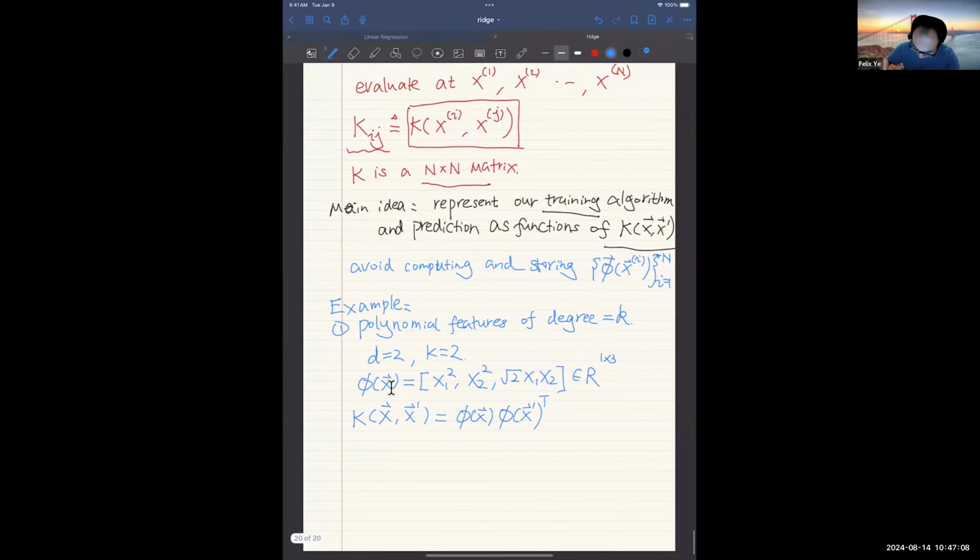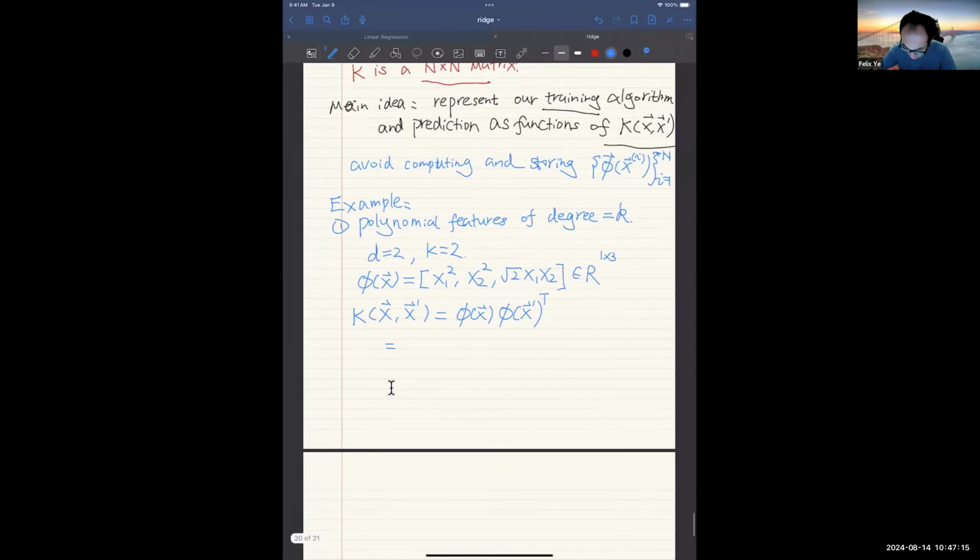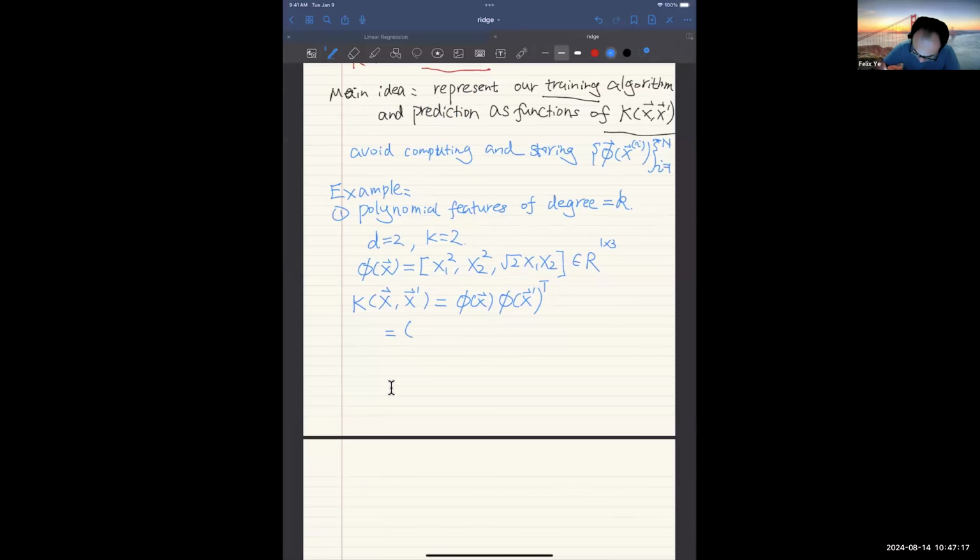We can write it out explicitly. This is equal to x1 squared times x1 prime squared plus x2 squared times x2 prime squared plus, square root 2 times square root 2 is 2, x1 x2 x1 prime x2 prime.